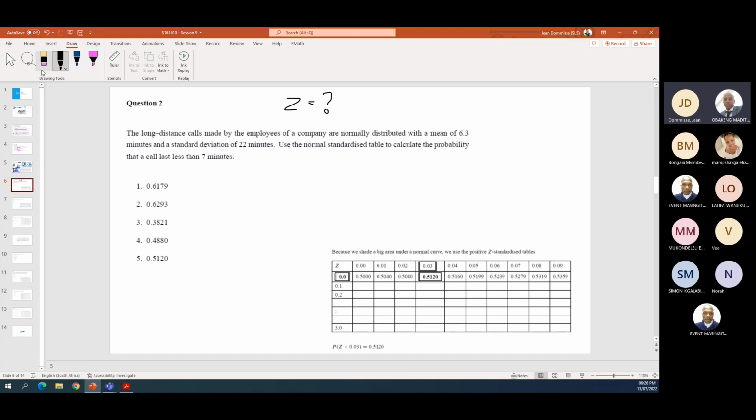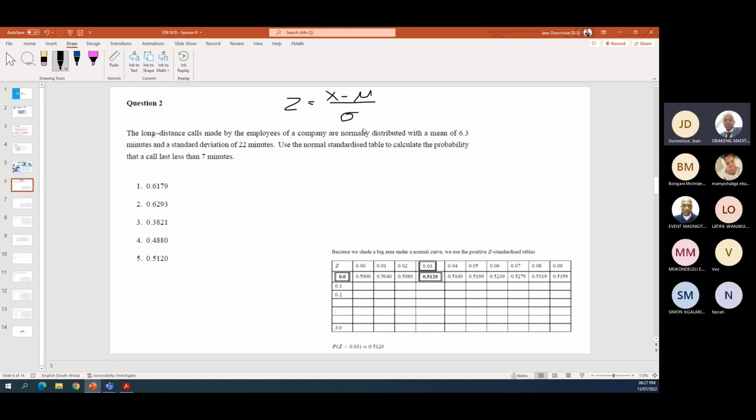So we will be able to, and if they do this, they need to give you all the information needed. So they need to give you the X, they need to give you the mean, and they need to give you the standard deviation. So let's look at what they tell us.